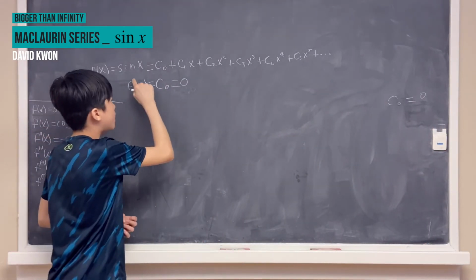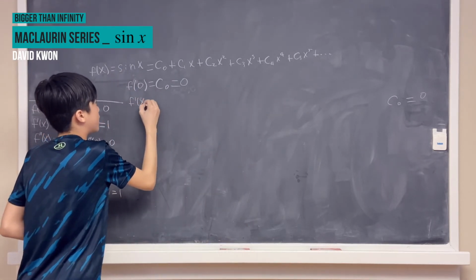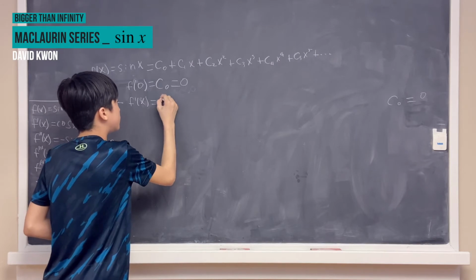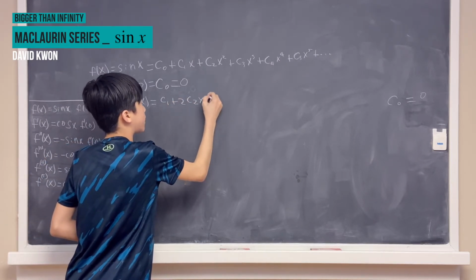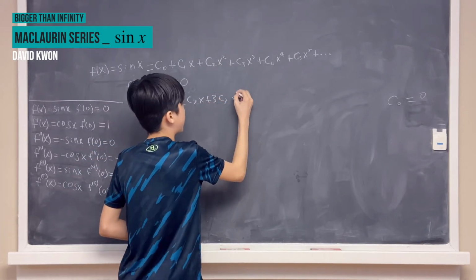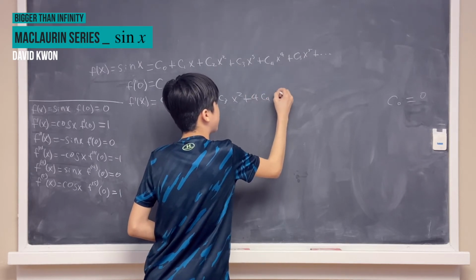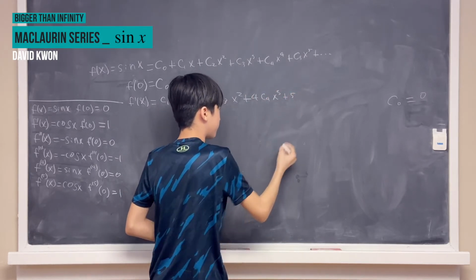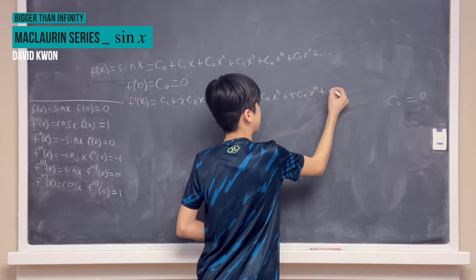We will now differentiate this function, so we have f prime x is equal to c sub 1 plus 2 times c sub 2 times x plus 3 times c sub 3 times x to the power of 2 plus 4 times c sub 4 times x to the power of 3 plus 5 times c sub 5 times x to the power of 4 plus dot dot dot.